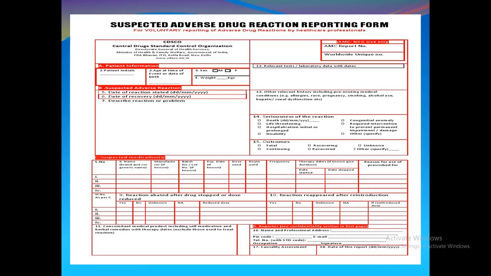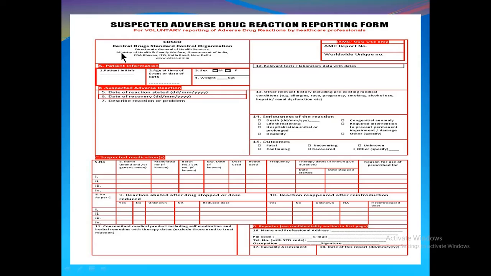Now look at this diagram representing the suspected adverse drug reaction reporting form for voluntary reporting of adverse drug reactions by healthcare professionals, formulated and issued by CDSCO, that is Central Drug Standard Control Organization.